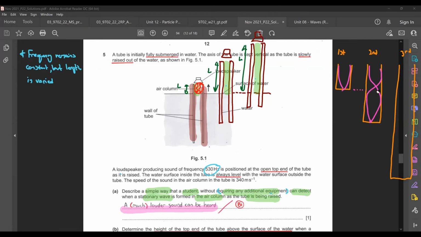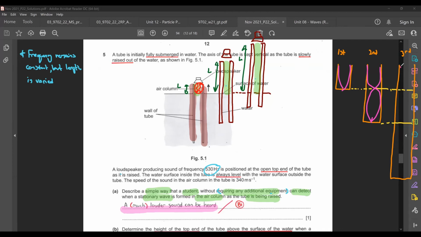Let me just redraw this and draw the lines. It will look something like this. Now let me just draw this little line.